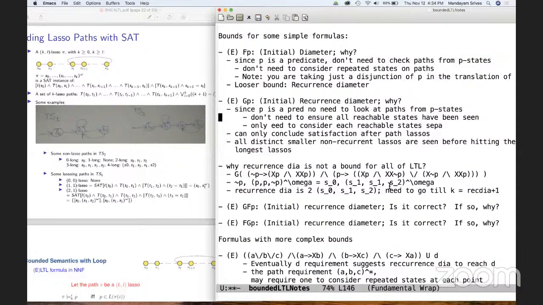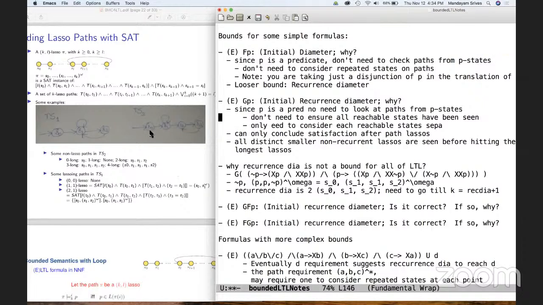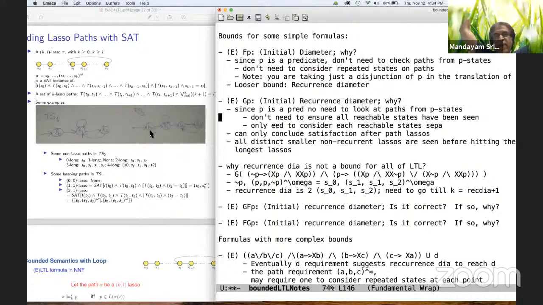So here we are considering EG or AG? No, EG. It's always EG. Yes, LTL checking here with BMC is always existence. I told you in the beginning, in the first slide itself, don't confuse with AG at all.